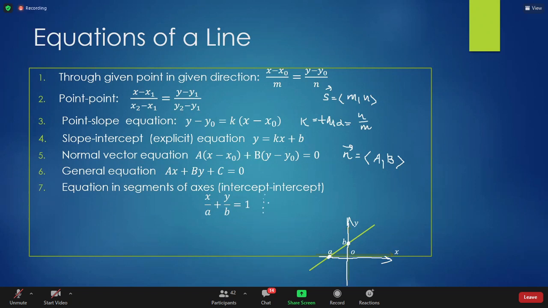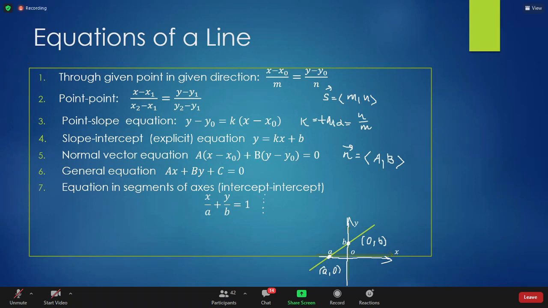Now, if we just check, this point has coordinates (a, 0) and the y-intercept has coordinates (0, b). If we put (a, 0) into the equation, we get that this point indeed belongs to the line in this type of equation.